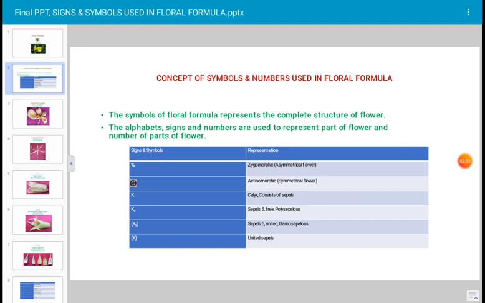The bracket represents the united sepals. If the sepals are united, that is described as gamosepalous, and the capital K is taken inside the bracket. The number of sepals can change, 5, 3, 4, whatever it may be. Capital K is written for showing calyx.